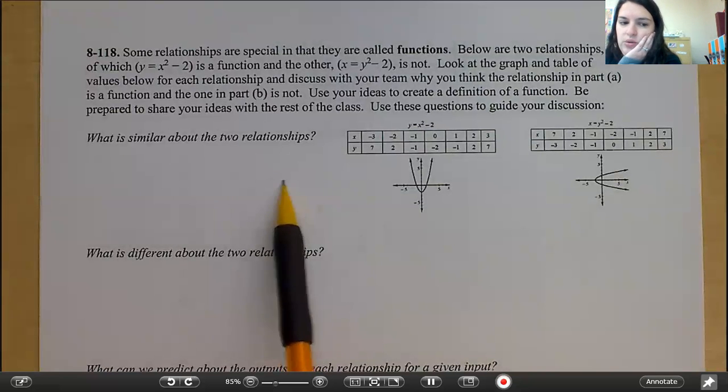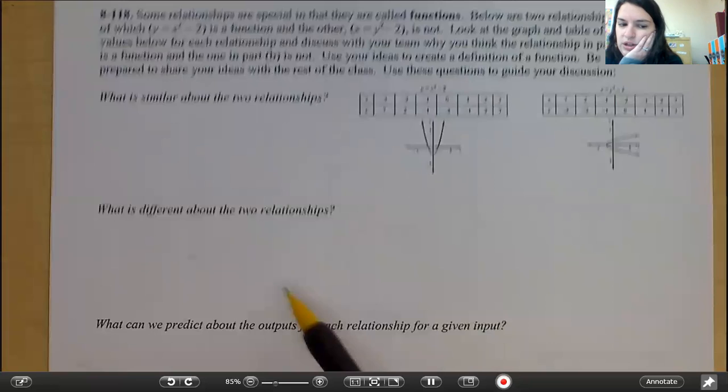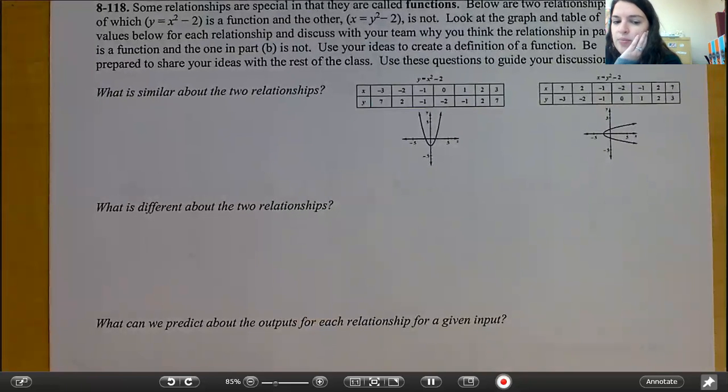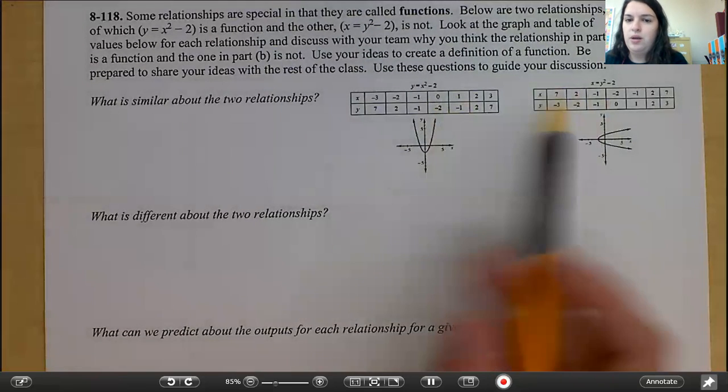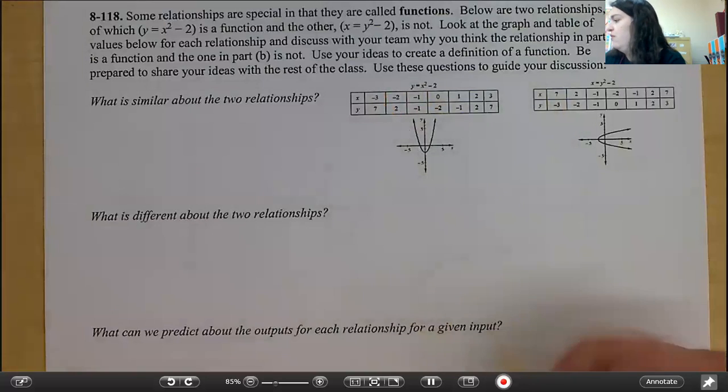What is similar about the two relationships? What is different about the two relationships? What can we predict about the outputs for each relationship of the given input? Okay, so let's walk through this together. When we're looking at our relationships here, we notice that both have a squared variable.